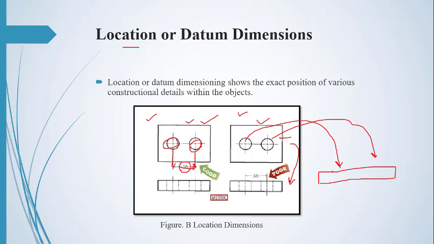Watching these two from the side view, the position of the holes will be shown like this. So the distance between them will be the same. However, the dimensioning will not be seen clearly, or the position could not be recognized easily. So this method is preferable instead of this one.